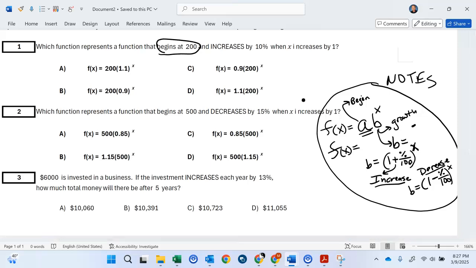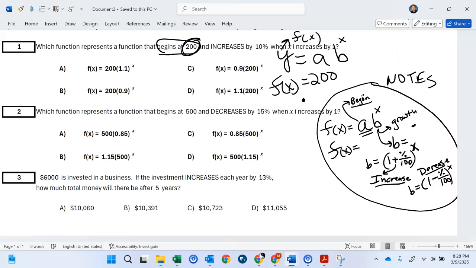We know from our function that a is the beginning. So if we have a function like y equals a times b to the power of x, then the beginning is going to be the 200. Of course, y is going to be f of x. So f of x is equal to this 200, multiplied by something to the power of x.